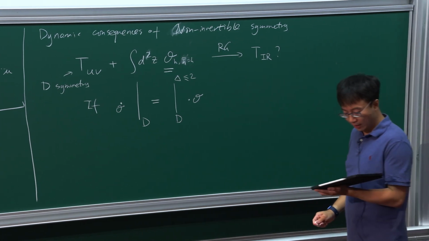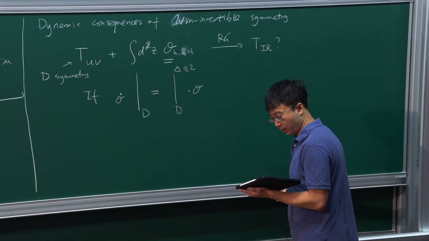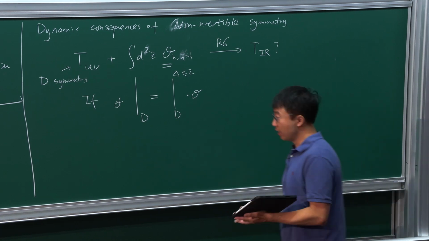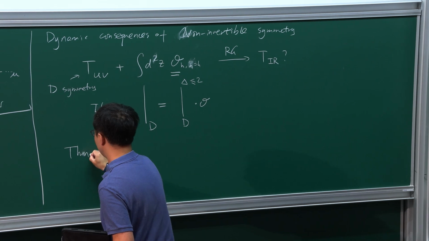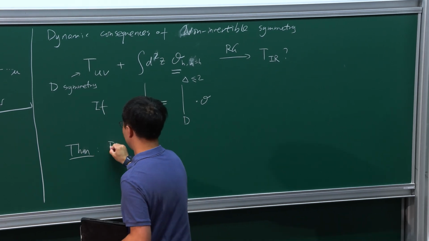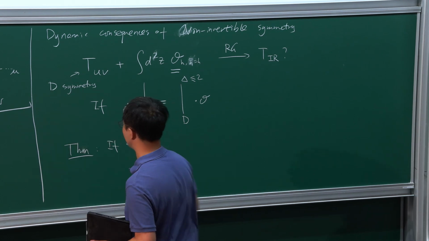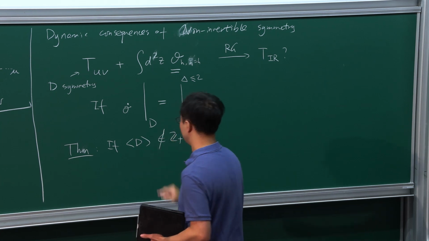And there's a very simple theorem that you can prove, and you probably have seen before, but let me say it again. The simple theorem is that if the quantum dimension of this corresponding symmetry defect is not a positive integer, okay?